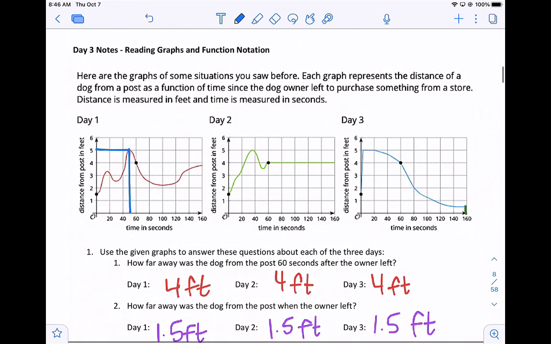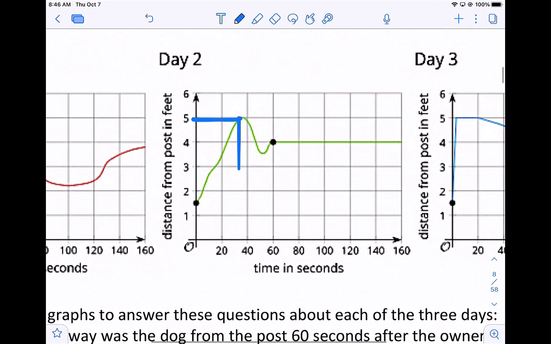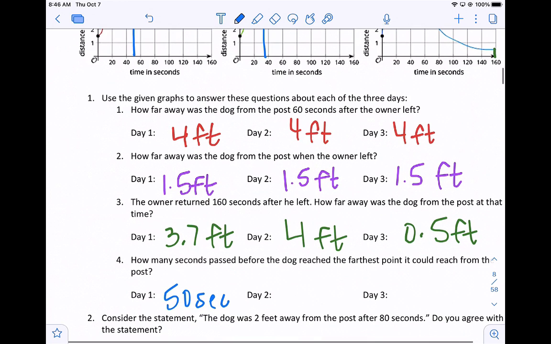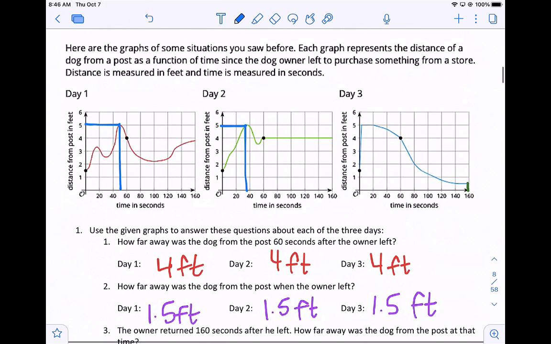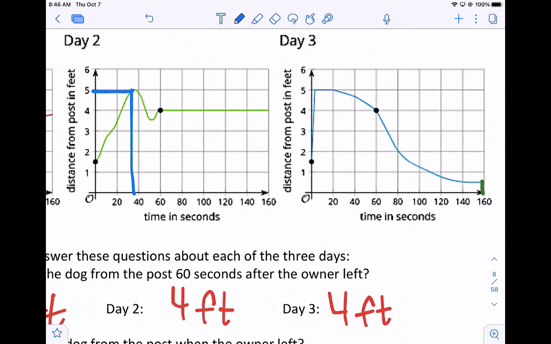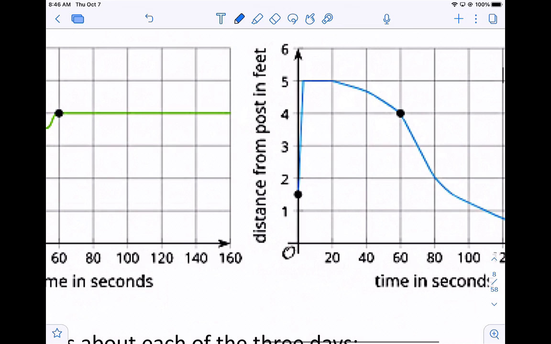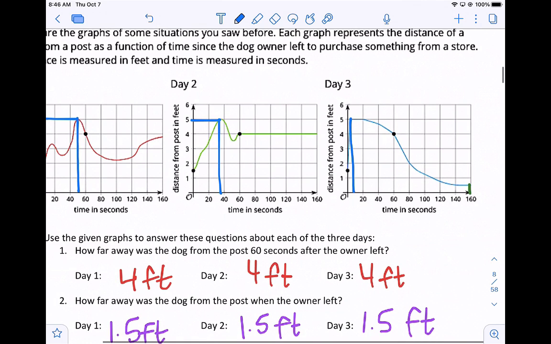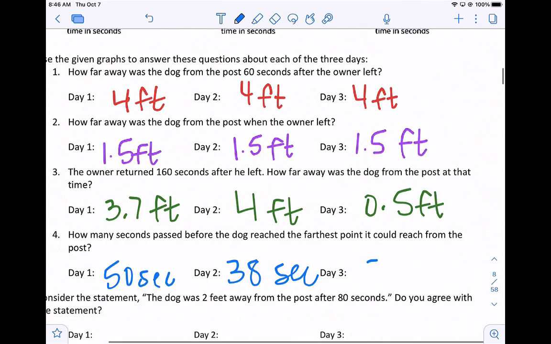At day 2, 5 feet away at like 38 seconds, 37 seconds. And then day 3, 5 feet away, like almost right away. Maybe around like 8 seconds.